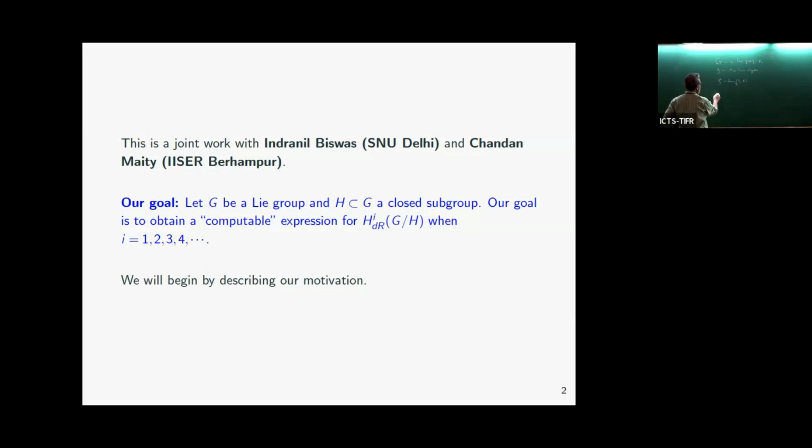Then G acts on 𝔤 dual by the coadjoint representation. So for λ in 𝔤 dual and g in G, g·λ I define to be λ composed with Ad g inverse.